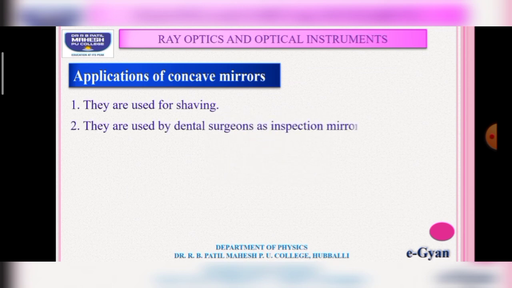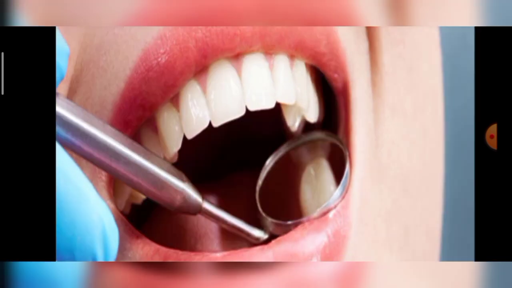Second application, they are used by dentists as inspection mirrors. They are used by dental surgeons as inspection mirrors. Okay, the same reason: when the mirror is placed near the teeth, the image of the teeth will be enlarged, so that they can inspect the teeth clearly.